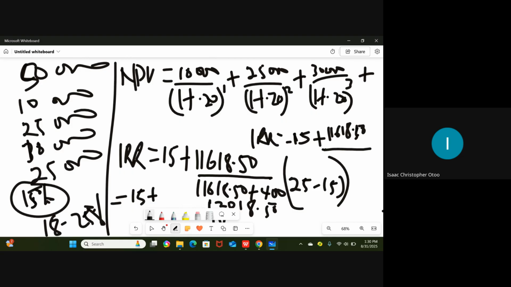So all of this area will give us 9.67. So plus 15, the whole answer will be 24.67%. So the IRR is 24.67.